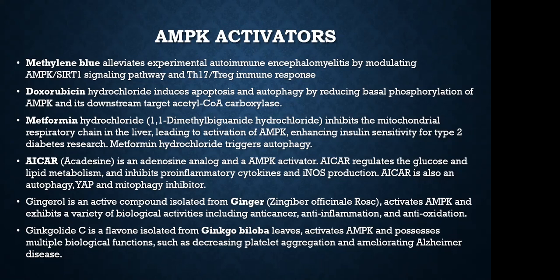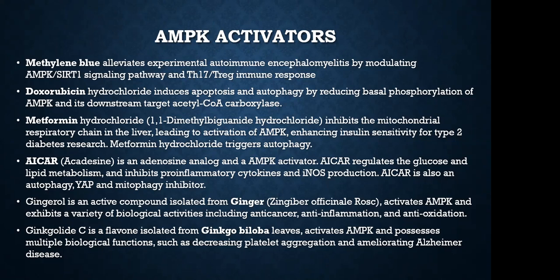And then we talked about metformin, which inhibits the mitochondrial respiratory chain in the liver, leading to activation of AMPK, enhancing insulin sensitivity for type 2 diabetes, and metformin can also trigger autophagy because of that.